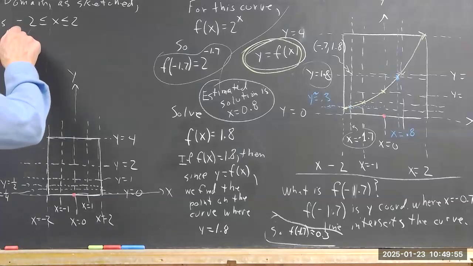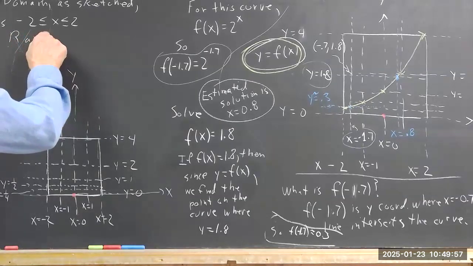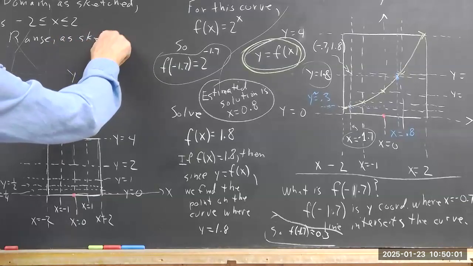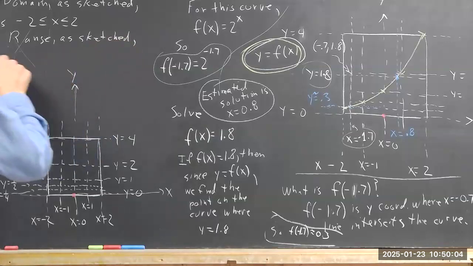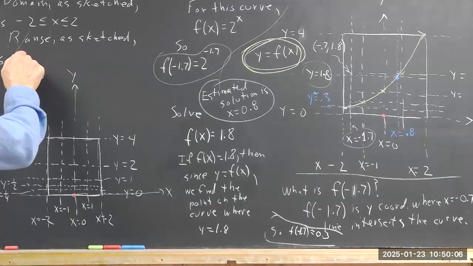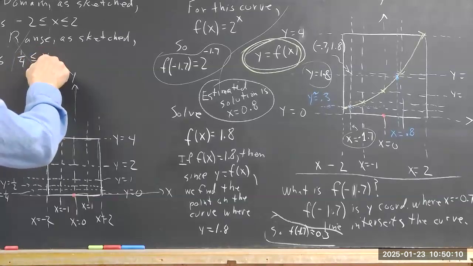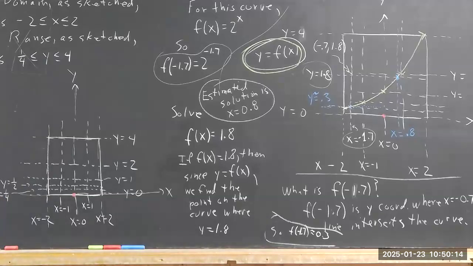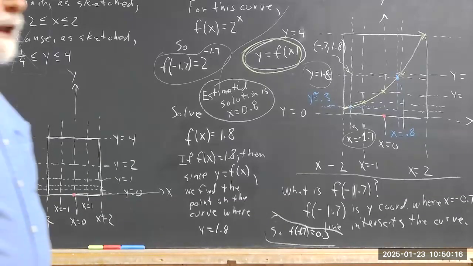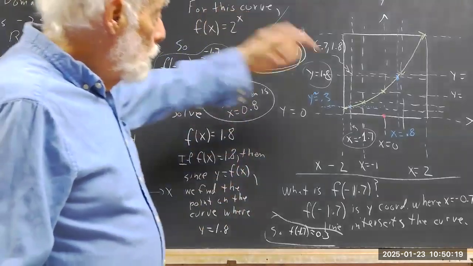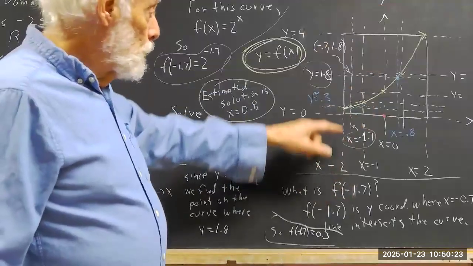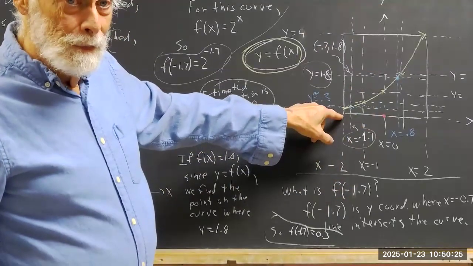The range as sketched is 1/4 less than or equal to y less than or equal to 4. Because there is no point on this curve where y is less than 1/4.